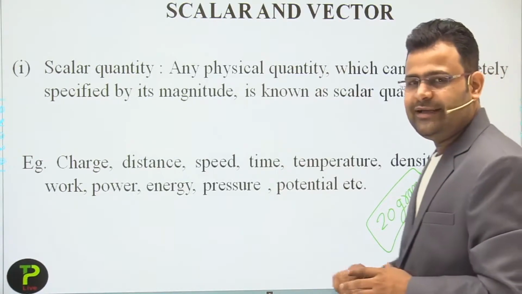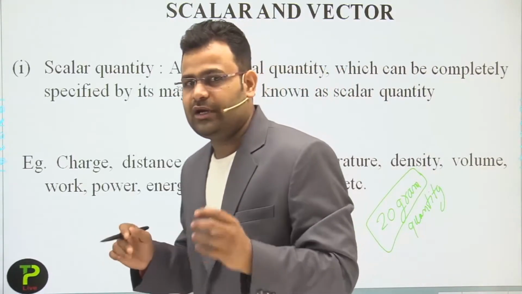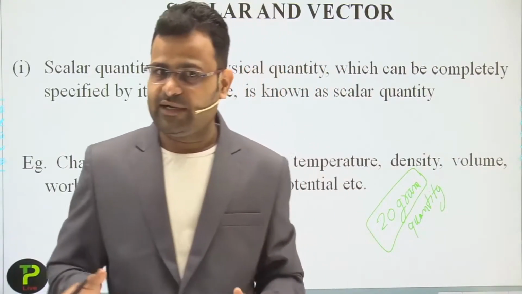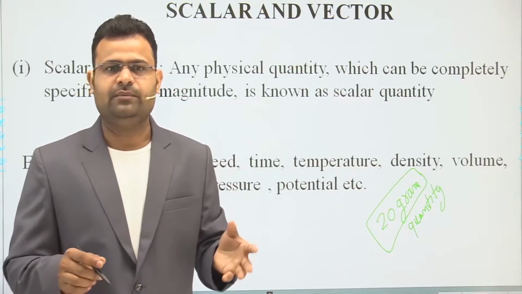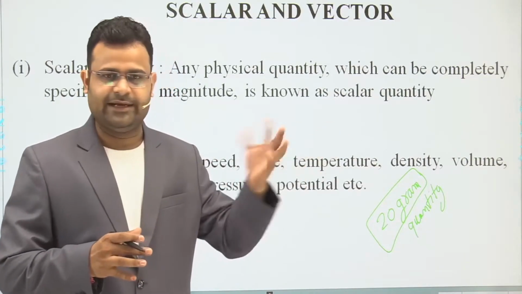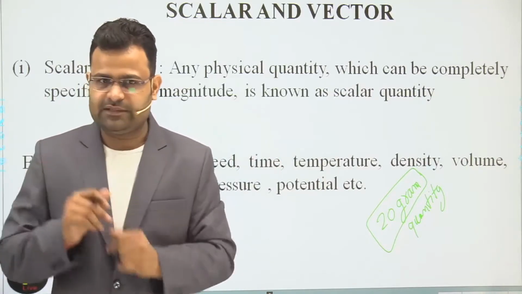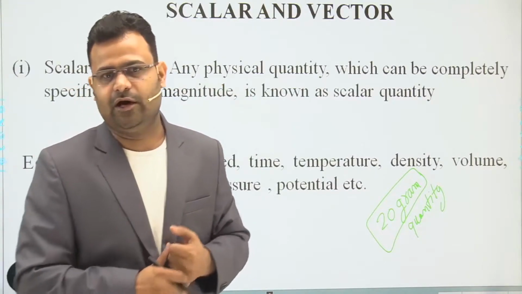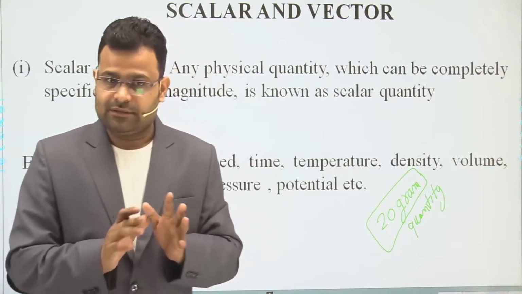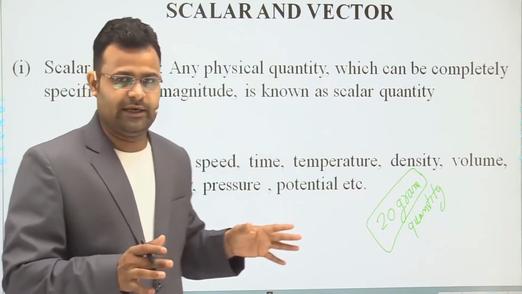This quantity doesn't depend on direction. 20 gram is always 20 gram. If you come from the right-hand side, from the left-hand side, if you throw it upward or pick it from the ground, there is no change in the 20 gram.